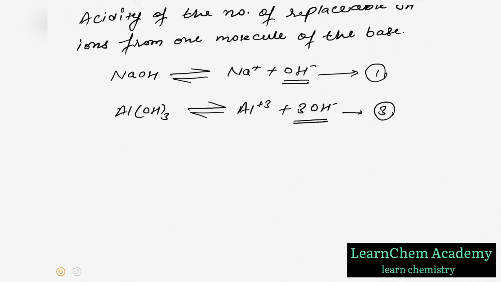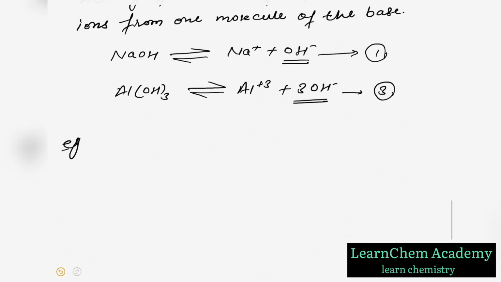Okay, now we can calculate equivalent weight of bases. So if we calculate equivalent weight of NaOH, here it is molecular weight divided by acidity.